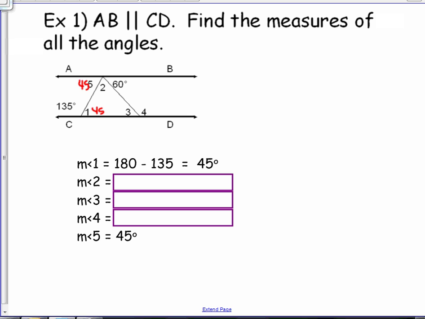Okay, now from here I can probably figure out what angle 2 is, by taking 180 degrees, because we have a line here, and subtracting 60 and 45 from 180, and I'll get whatever angle 2 is. So 180 minus 60 minus 45 should give you 75.